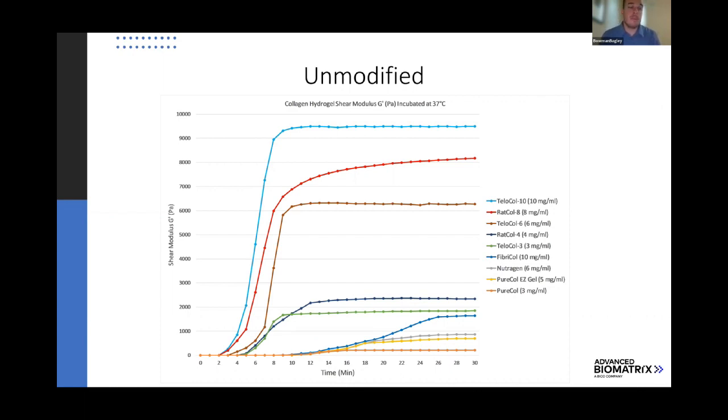And this was great for a little bit, but you can see that the upper range of these unmodified collagens is really about 10,000 pascals. There's methods to super concentrate the collagen, but it's much more expensive and difficult, and maintaining sterility and all that. So this was good a little bit, and there's some tunability, but it didn't really address the full range that was needed to recreate heart, muscle, tendon, cartilage, cornea, bone.